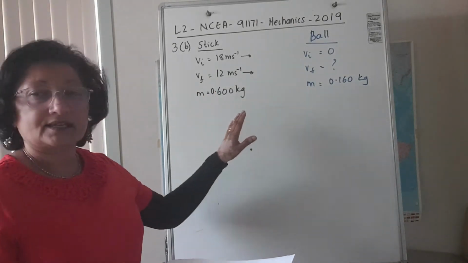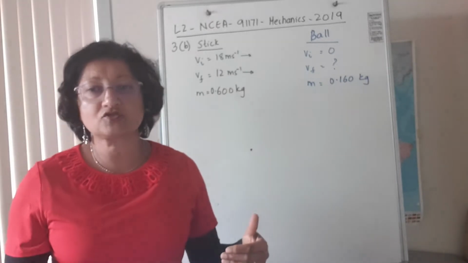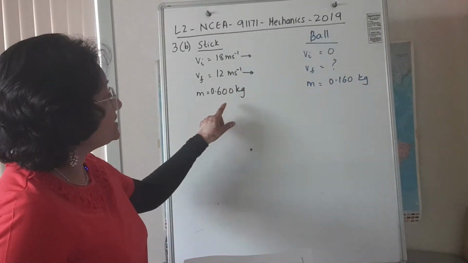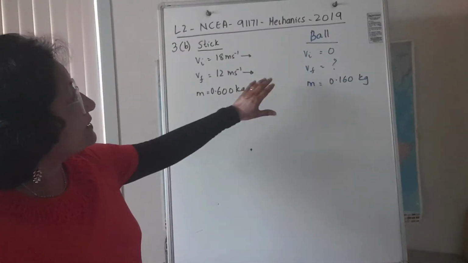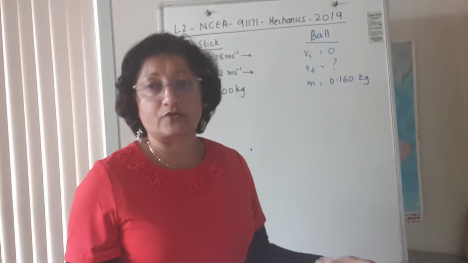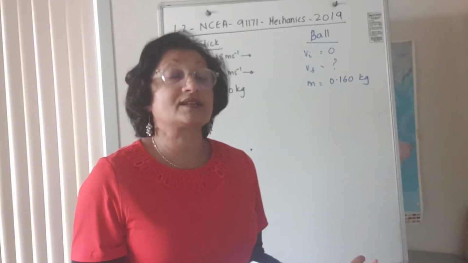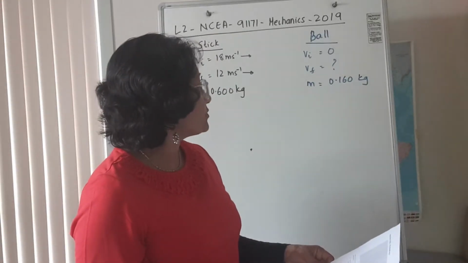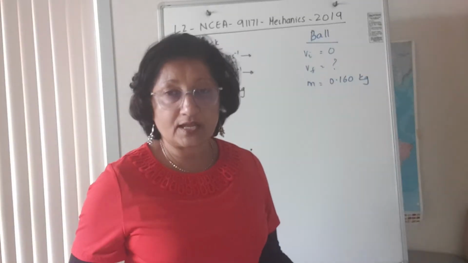The mass of the stick is 600 grams. We always have to change the mass to kilograms, so that makes it 0.600 kilograms. Now the ball, it was a stationary ball, so the initial velocity is 0, but after being hit with a stick, it will have some velocity, which we have to find out. And the mass of the ball is 0.160 kilograms.